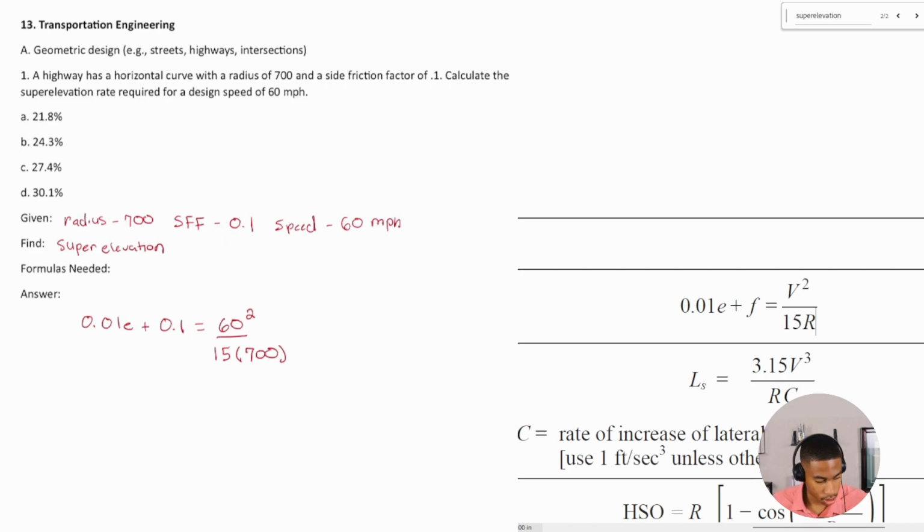Once I put that into my calculator, you should get your e. I'll just do this out. It was 60 squared divided by 15 times 700.